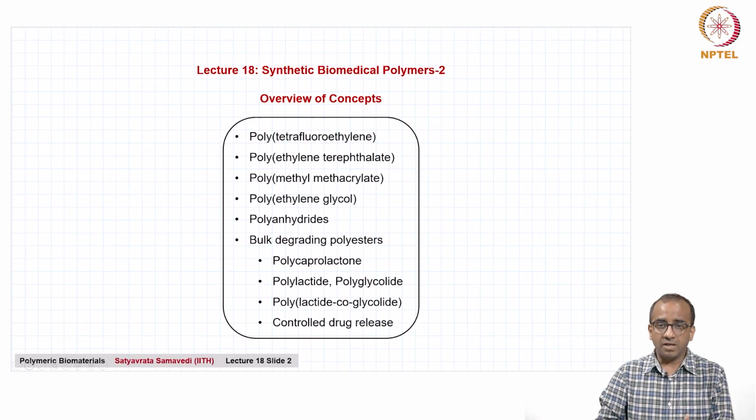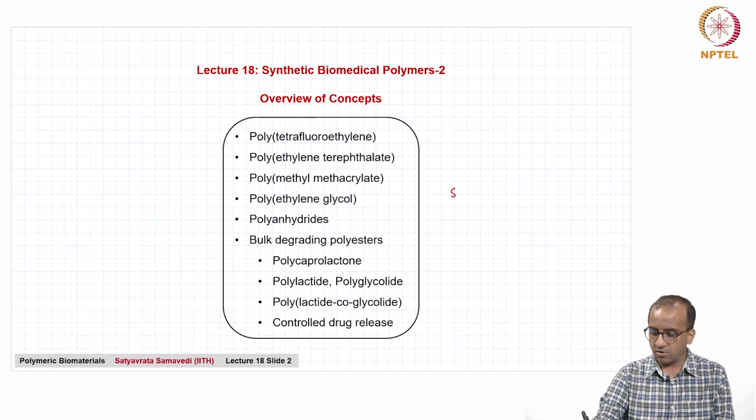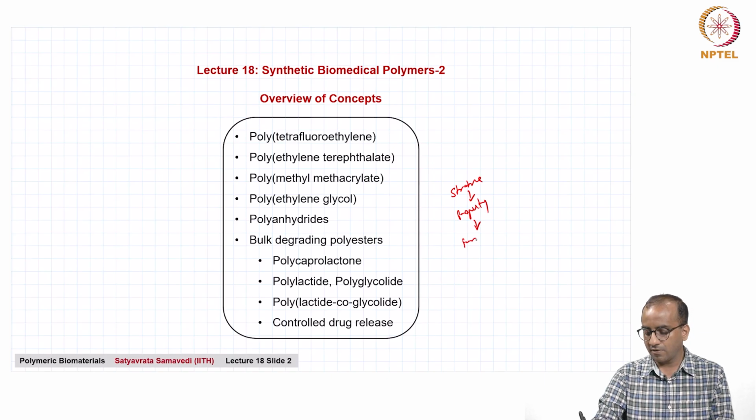In the previous lecture, lecture 17, what we did was to set the stage by developing what we called structure, property, function relations. Of course, all of this is affected by processing.